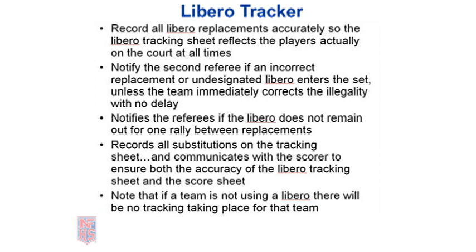Notify the officials if the Libero does not remain out for one rally between replacements, record all substitutions on the tracking sheet, and communicate with the scorer to ensure both the accuracy of the Libero tracking sheet and the score sheet. Note that if a team is not using a Libero, there will be no tracking taking place for that team.